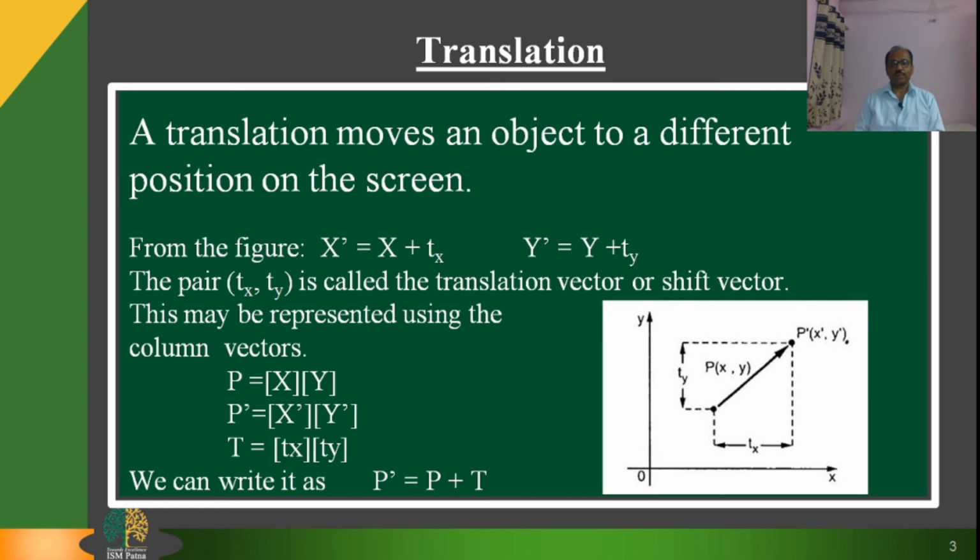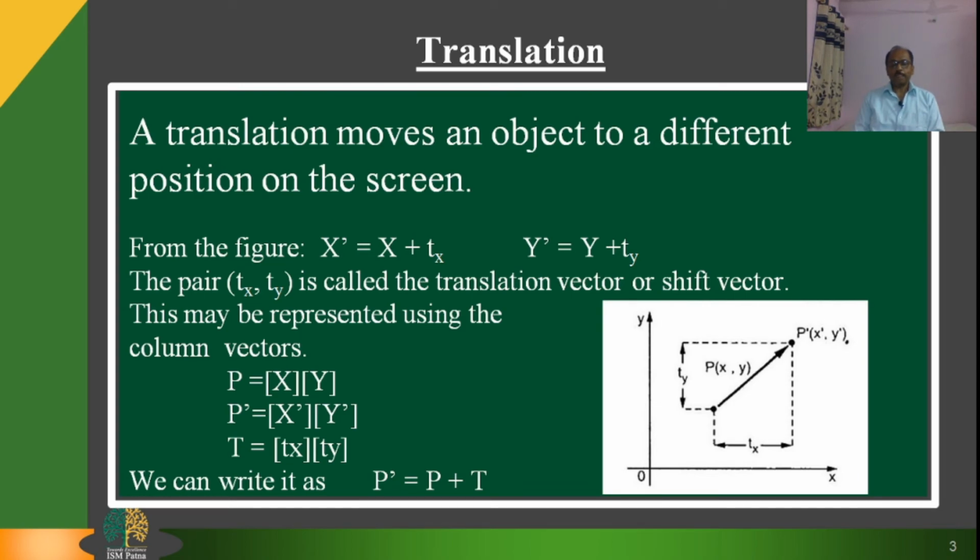Now we take a look one by one. So let us start with translation. A translation moves an object to a different position on the screen. We can translate a point in two dimensions by adding translation coordinates tx and ty to the original coordinates x, y to get the new coordinates x dash, y dash.